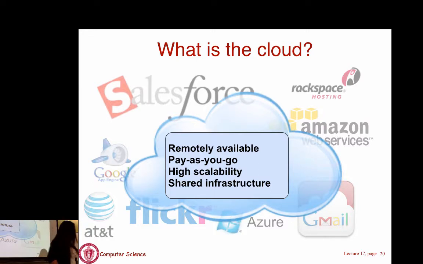And high scalability comes from the fact that they design their data centers in a way that they can easily scale up virtual machines running on their physical machines. They purchase more physical machines, so more virtual machines there. It has very flexible mappings between the virtual machines and physical machines. And of course, all these virtual machines run on shared infrastructure with one another.